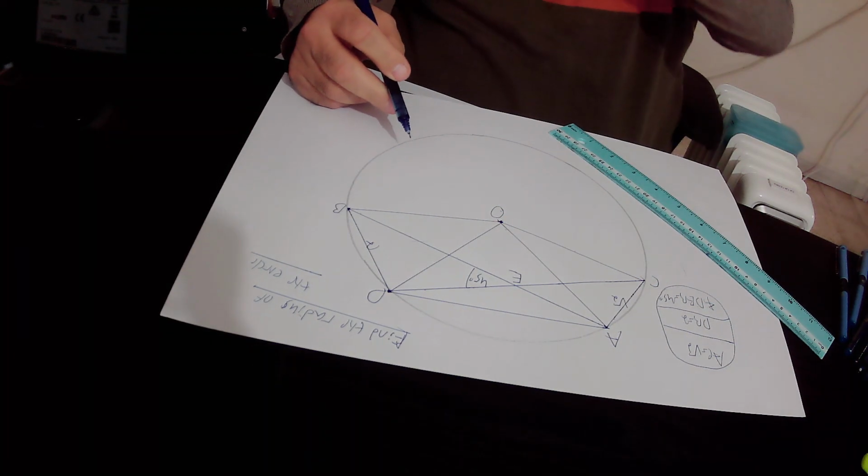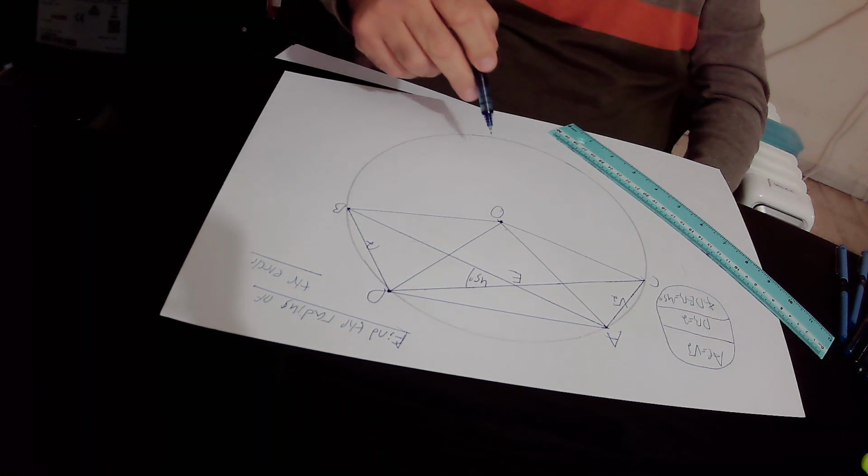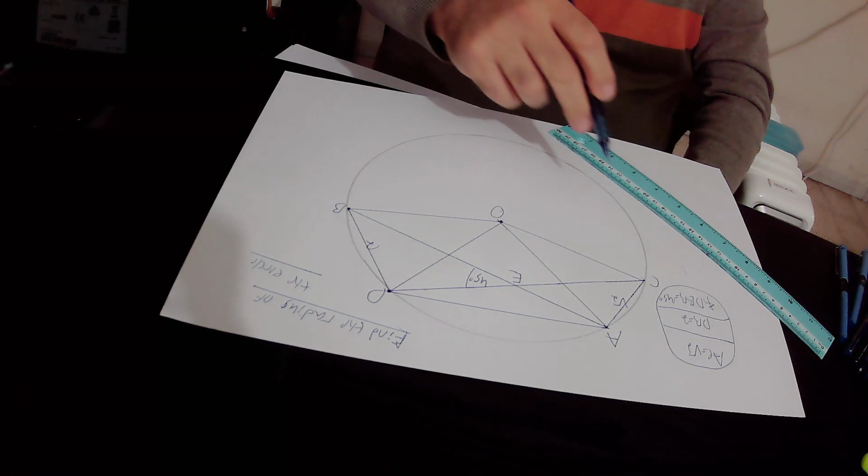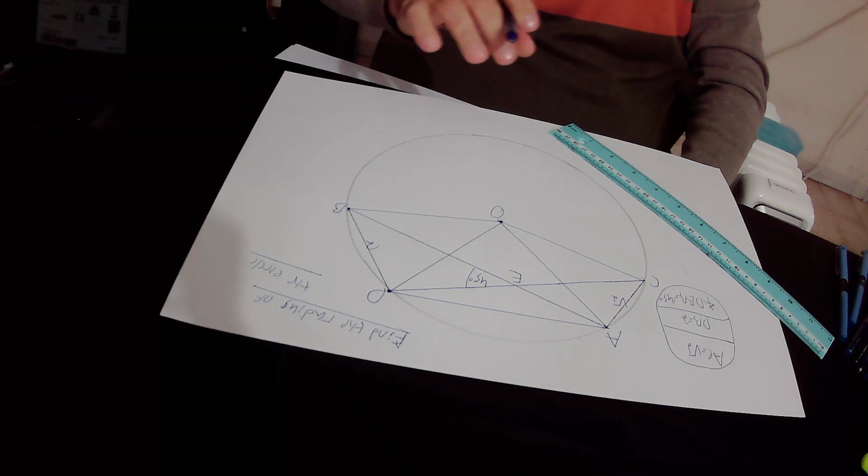So those 4 line segments OB, OD, OA, and OC are all the radii of this circle.